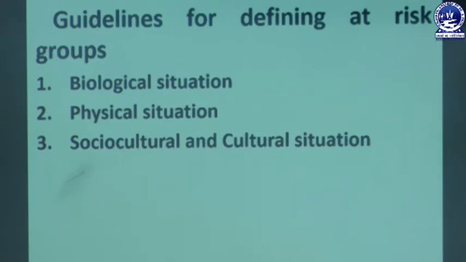In physical situation, there are rural or urban slums, living conditions, overcrowding, environment, water supply, proximity to industries. In rural areas and in urban slums, people face different diseases due to unhygienic conditions, and sometimes people are staying in an unhealthy environment.